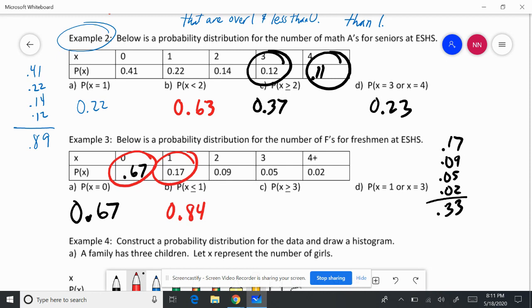Greater than or equal to 3. That includes 3 and greater than 3. And for the last one, we have to figure out if it's 1 or 3. So what we have is 1 and then 3. And when we add that up, what we get is 0.22.